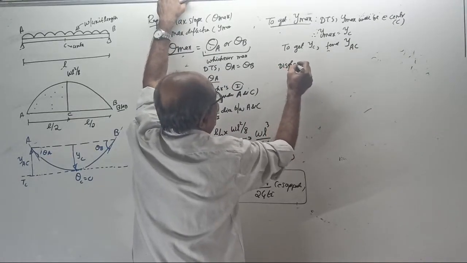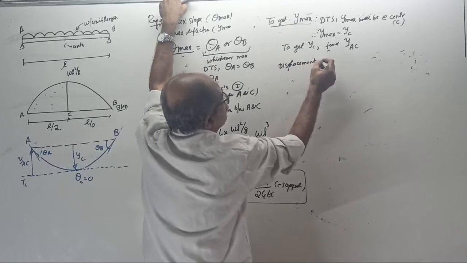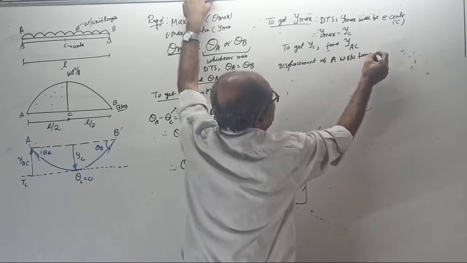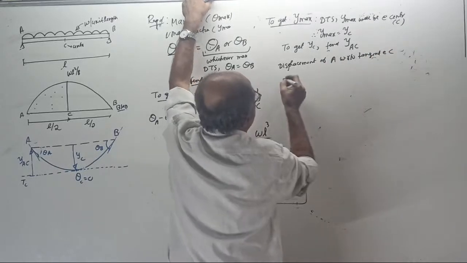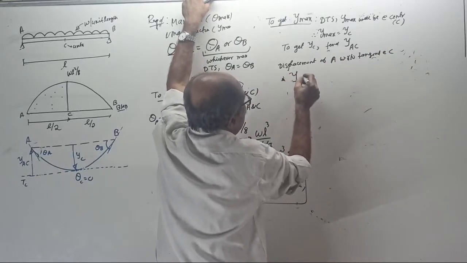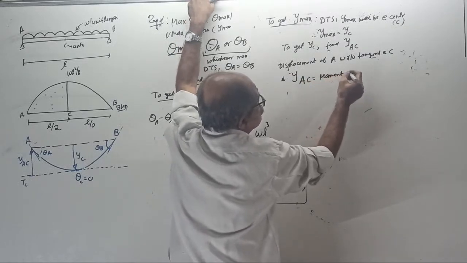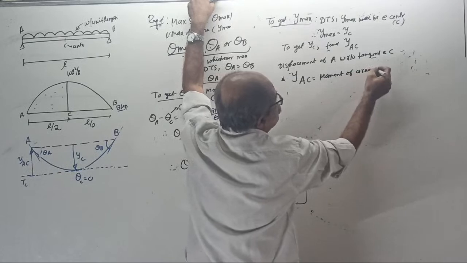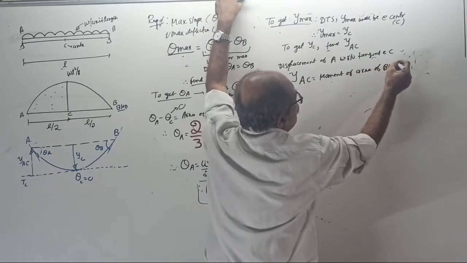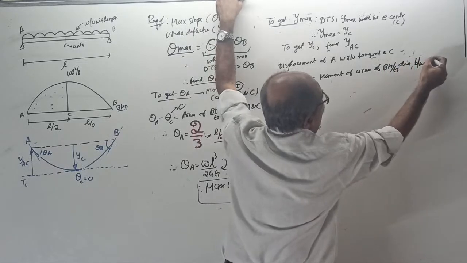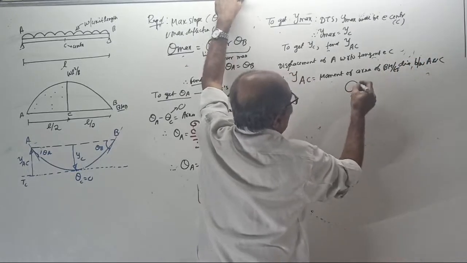Displacement of A with respect to tangent at C, that is called Y. A is the first point, equal to moment of area of the BM by EI diagram between A and C, about which point?